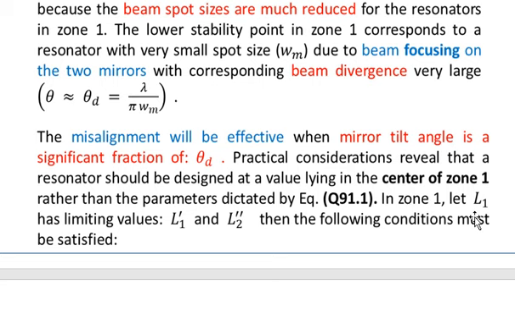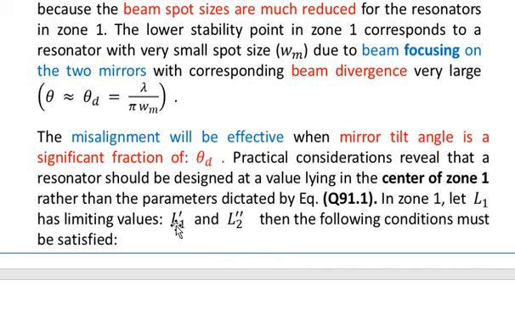In zone 1, let L1 have limiting values L1 prime and L2 prime. Then the following conditions must be satisfied. L1 prime and L2 prime are the two parameters that decide the range of placement of mirror 1 with respect to the lens within the resonator.